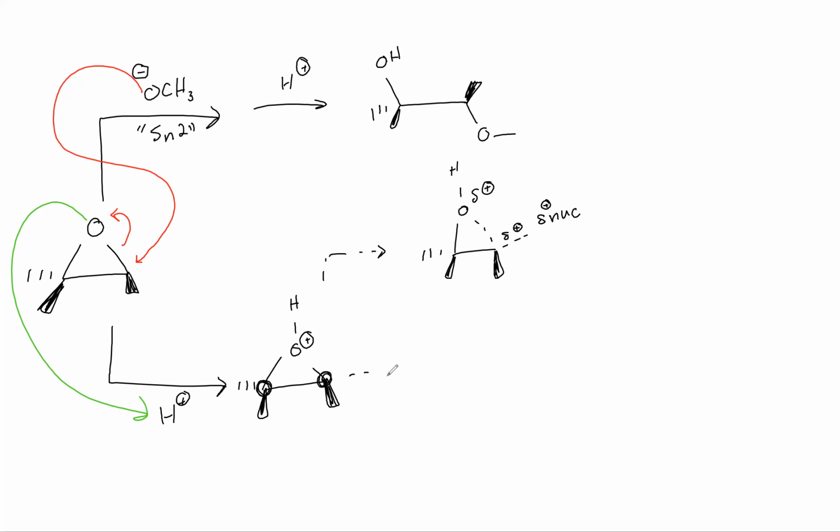If we attack at that other carbon, then we will end up with this transition state. And if you remember, we talked about this a little bit before in previous chapters, that the transition state with the partial positive charge on the more substituted carbon will be more stable. Which means that we are not going to use this transition state, and instead we will use this bottom one.